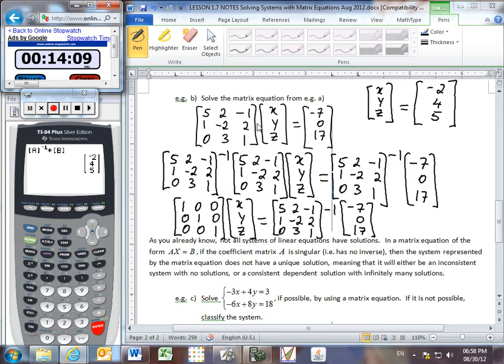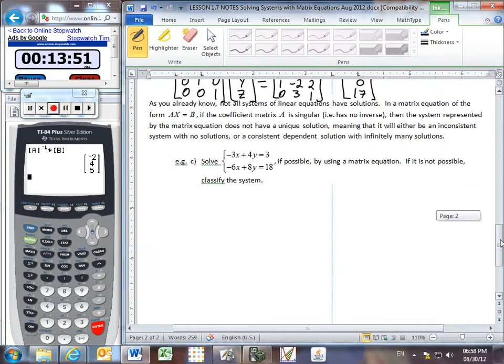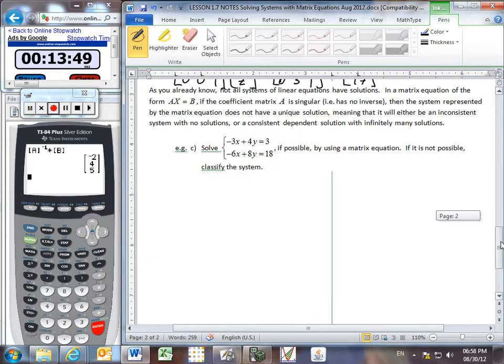It will not have exactly one point where all of our lines intersect. That means it will either be an inconsistent system with no solutions, or it will be a consistent dependent system with infinitely many solutions.